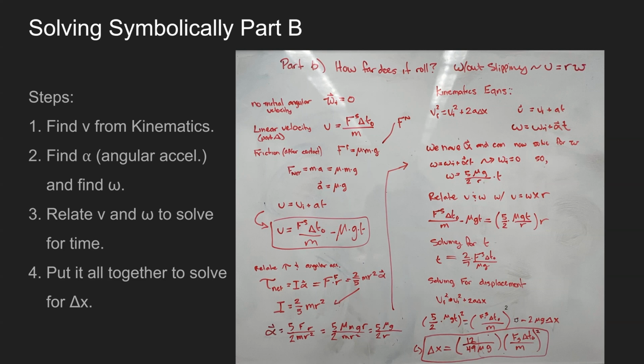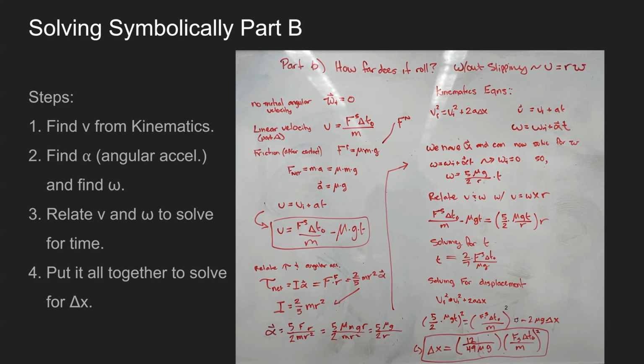Alrighty, step 1, define velocity from the kinematics equations. For this, we'll be using v equals v initial plus acceleration times time. And we can use Newton's second law, that the net force equals ma, to solve for a, acceleration.